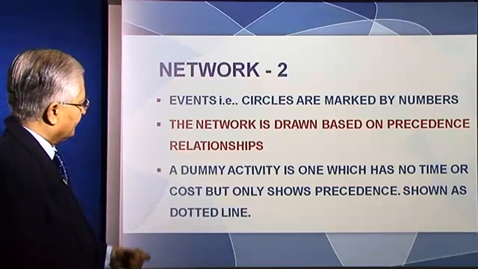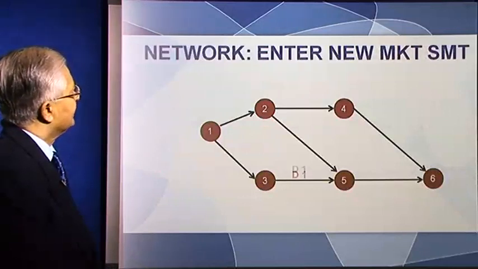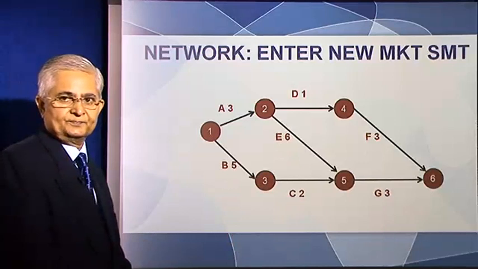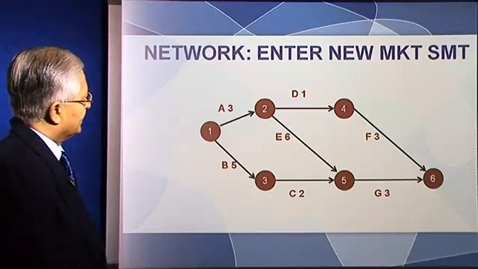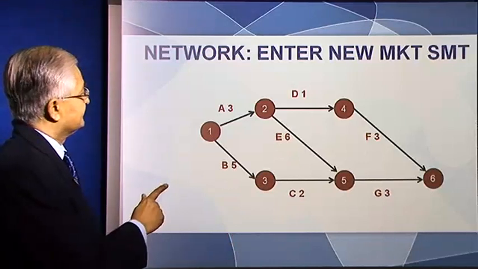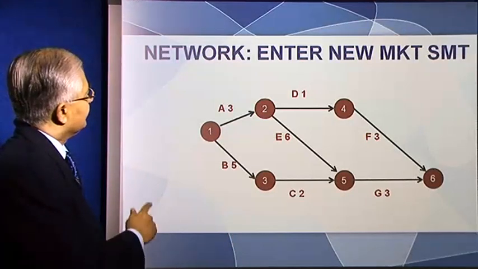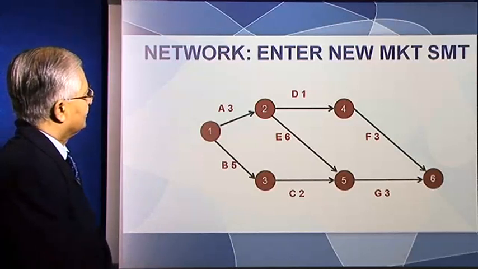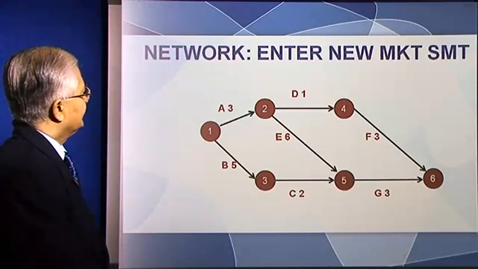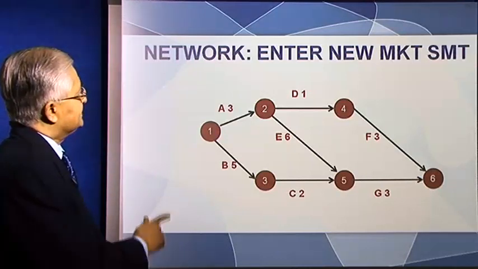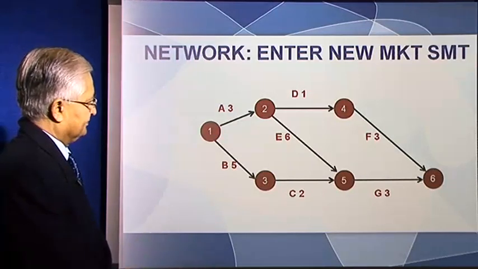Now let's go to the network that we are talking about. Now our network has these activities from A to G, right? Now let's look at event 2. Event 2 is when activity A is over and activity D and E begin.